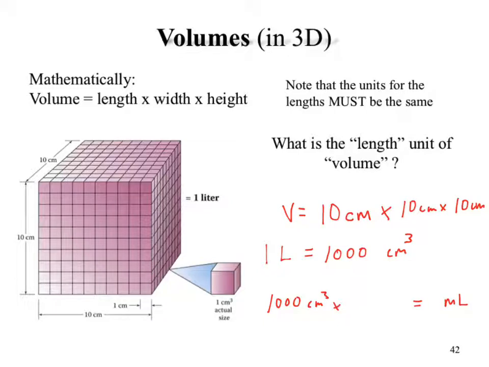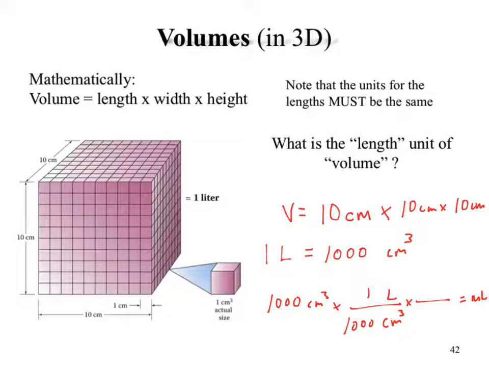How would I do that? Centimeters cubed needs to show up on the bottom. What would need to show up on top? Liters. What is the conversion between those two? 1 liter is 1,000 centimeters cubed.